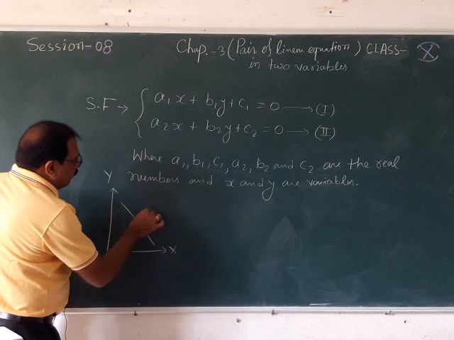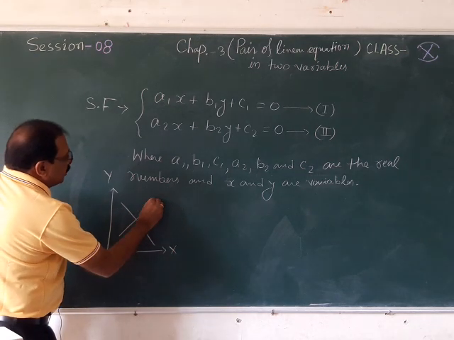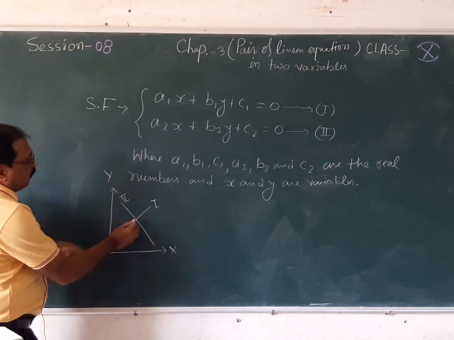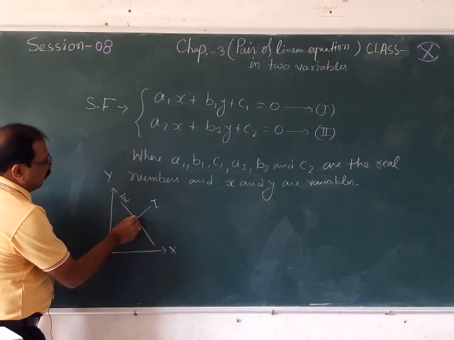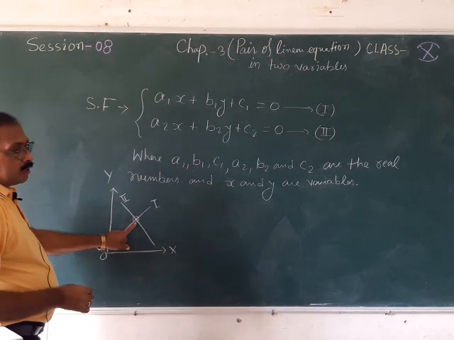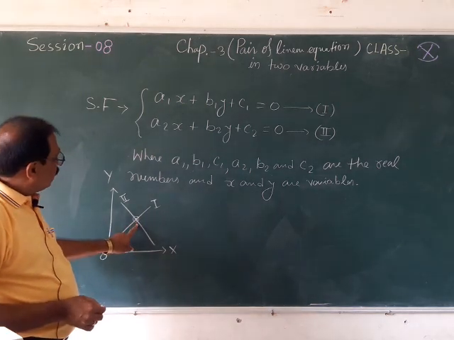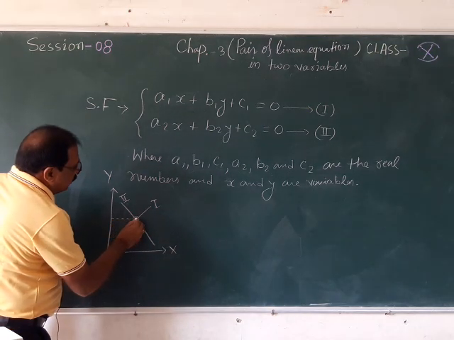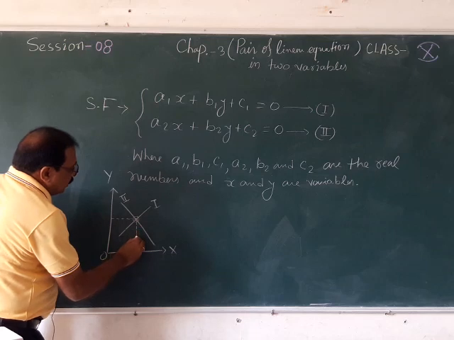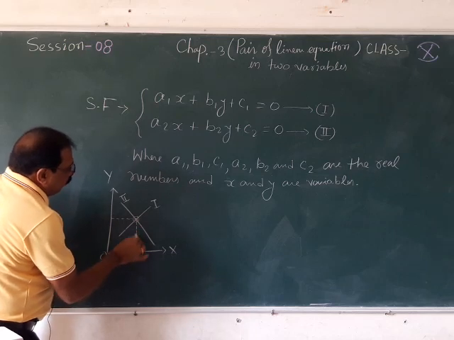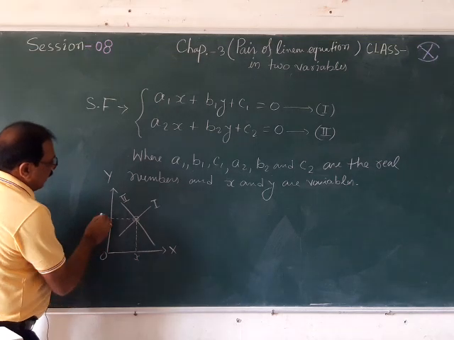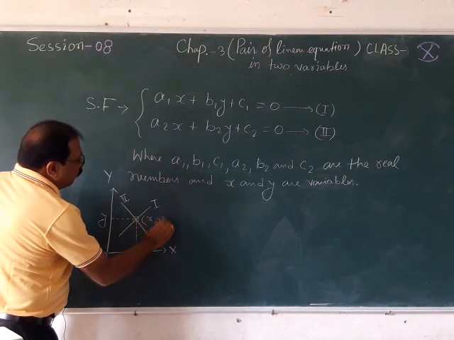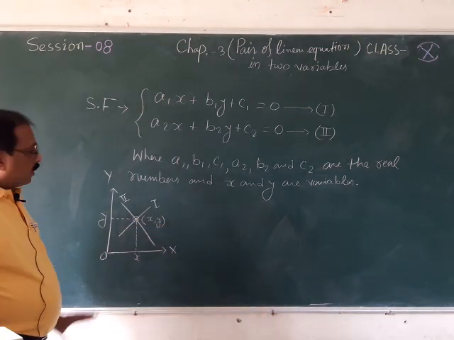If you are plotting the graph, this is the equation number 1 graph, this is the equation number 2 graph, then if these graphs are intersecting at a point, then this point is the solution of the given equations. Suppose this is the point x and this is y. So the coordinate of this point will be x comma y, and this is the solution here.